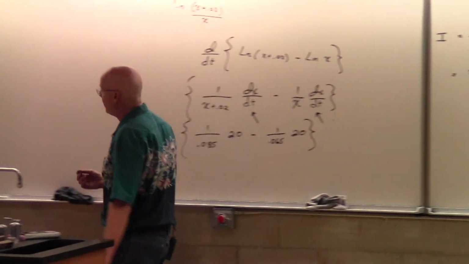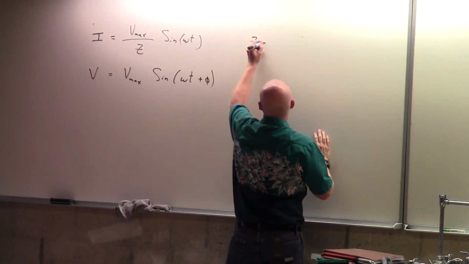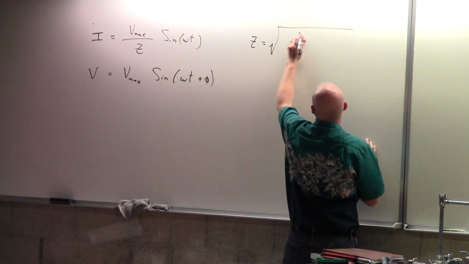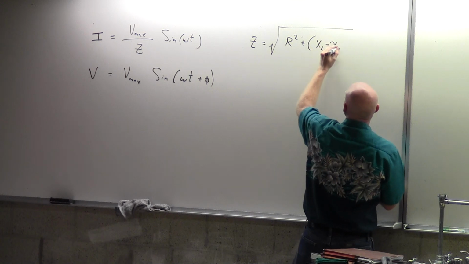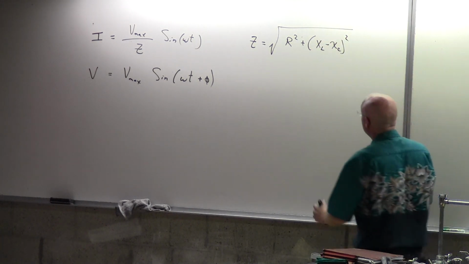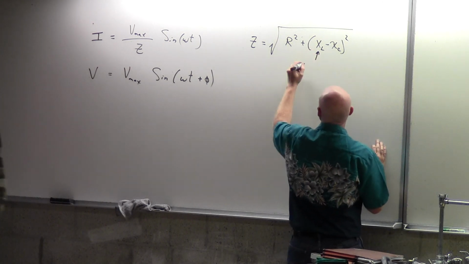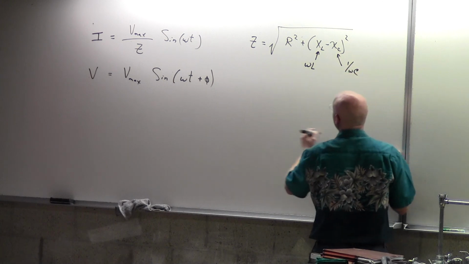Let me put those in. I will start with the impedance. The impedance is the square root of the resistance squared added in quadrature to the reactance from the inductor and the capacitor, where this is omega L and this is 1 over omega C.